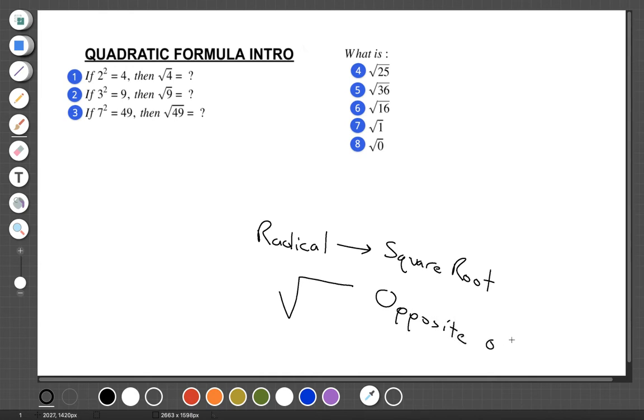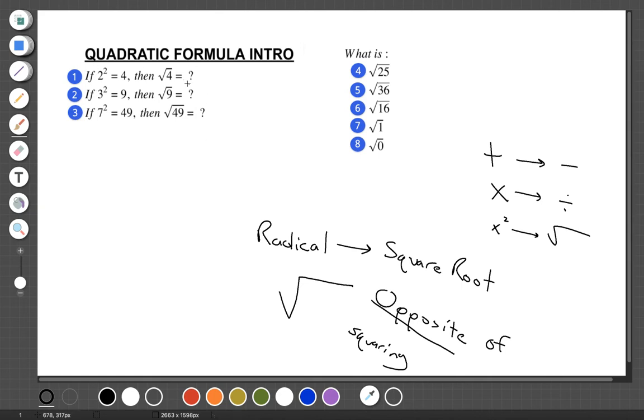So to make it even more clear, if we're talking about opposite operations, if you have plus, your opposite is minus. If you have times, your opposite is divide. And if you have something squared, the opposite is the square root. Okay, so those two things are opposites.